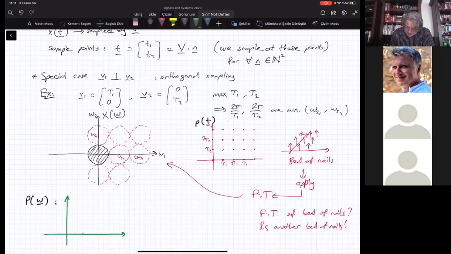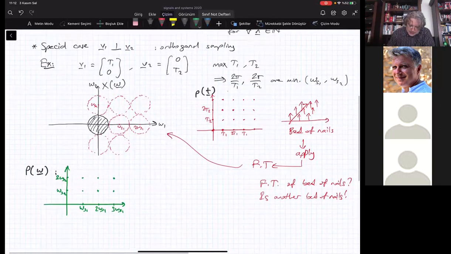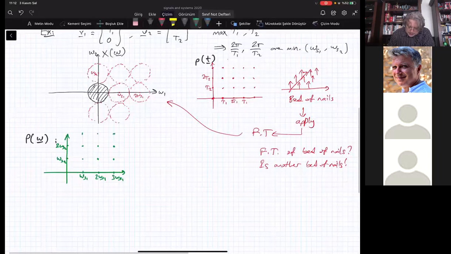They will be separated horizontally by omega S1, 2 omega S1, 3 omega S1, and vertically again by omega S2, 2 omega S2, etc. So it's going to be these points, of course, infinitely extending to the left and to the right.